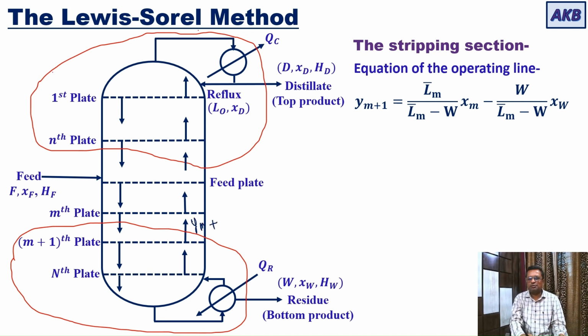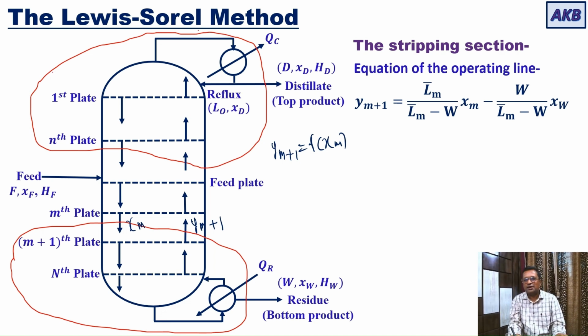Whereas x_m is the mole fraction of the more volatile component in the liquid stream that is leaving the mth plate. So this is the liquid stream that is leaving the mth plate, which means x_m is associated with this. So y_{m+1} is related to x_m by the equation of the operating line for the stripping section.